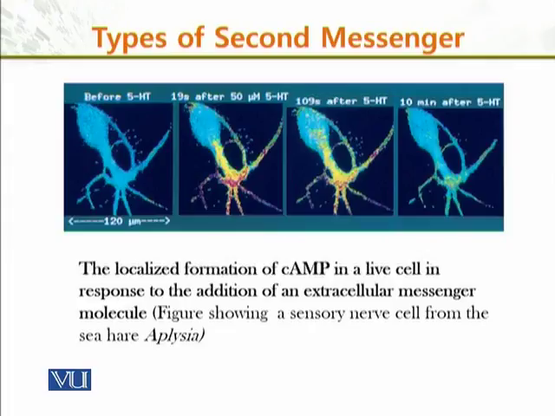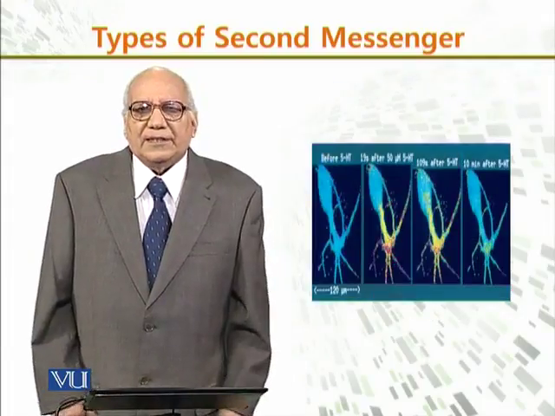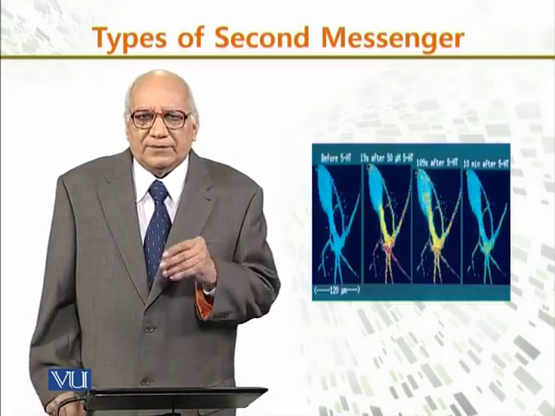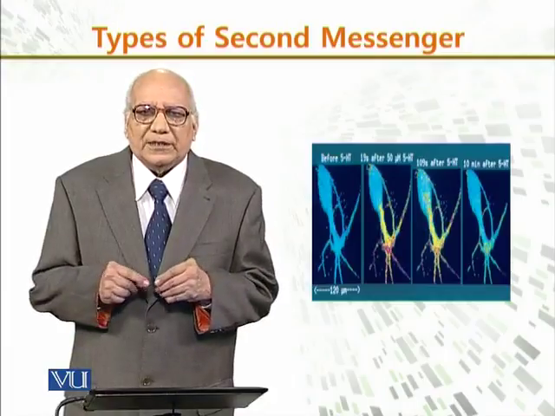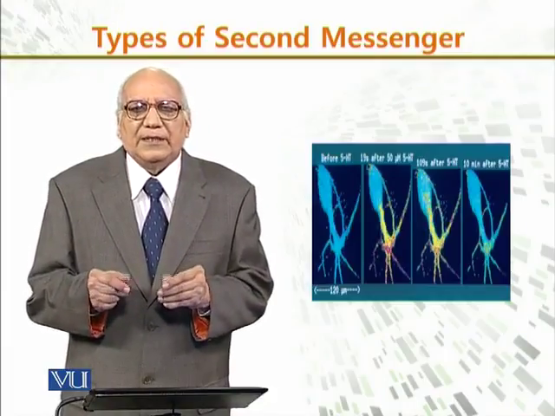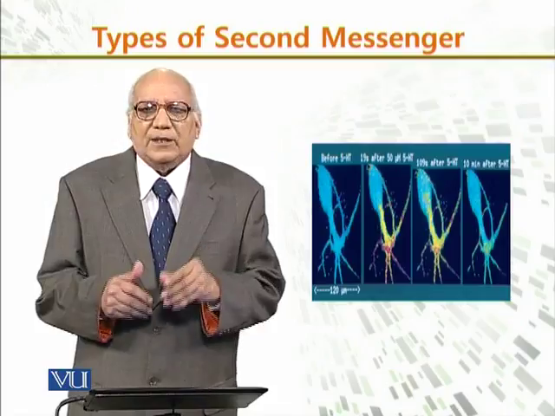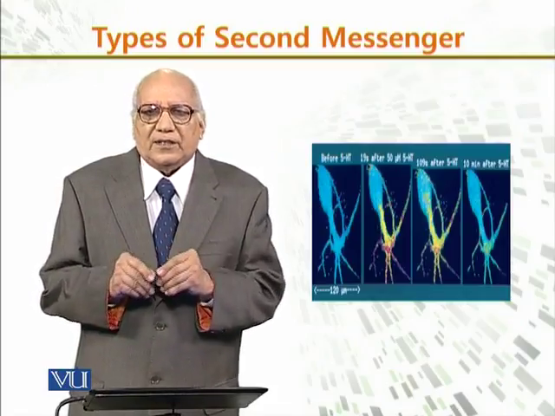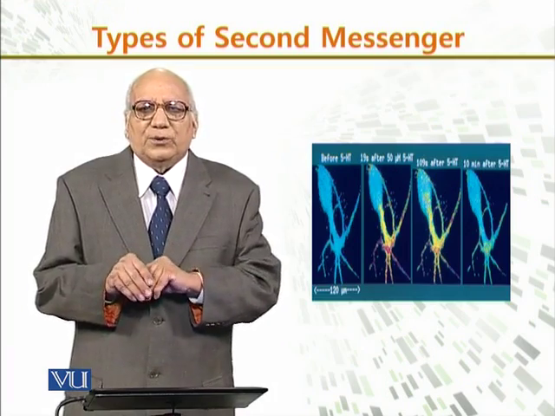You can see very clearly how the cyclic AMP in the nerve cell, which shows the yellow portion, is diffusing into the nerve cell and carrying out the message for which the cell has to respond.